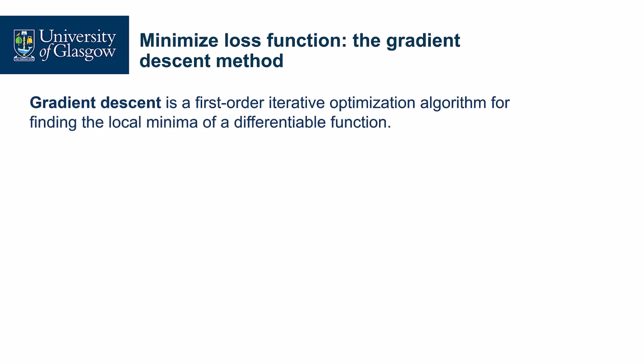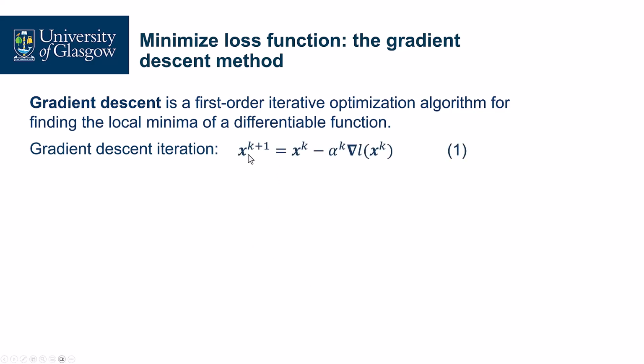The gradient descent method is an iterative optimization method. We go through it iteration by iteration to gradually improve the value of the x that we want to optimize, and it aims to find a local optimum of a differentiable function. We can see it like that: x at iteration k plus 1 equals x at iteration k minus alpha k times the gradient of the loss function.